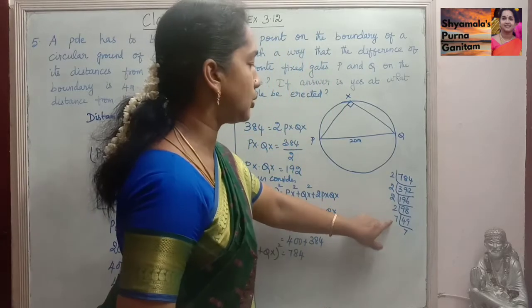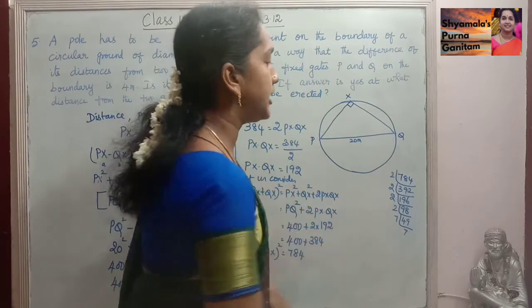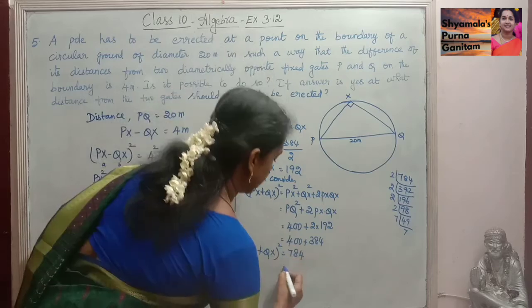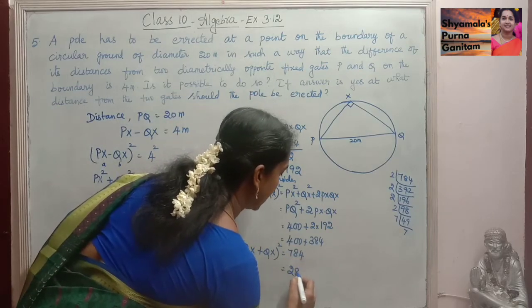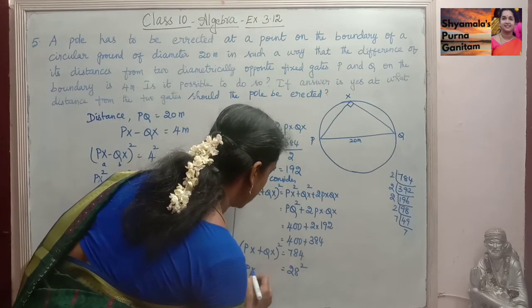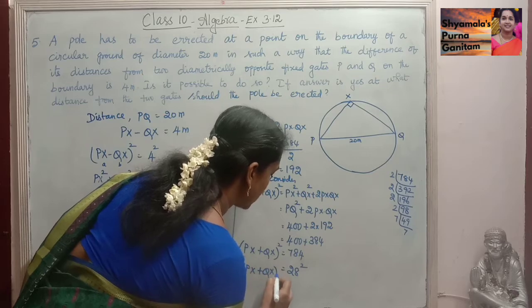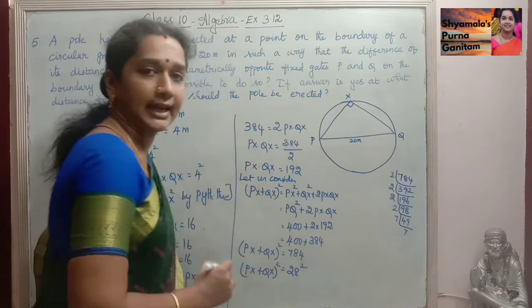So 7 2s are 14, 14 into 2 is 28. So this is equal to 28 squared, that is px plus qx the whole squared is equal to 28 squared.